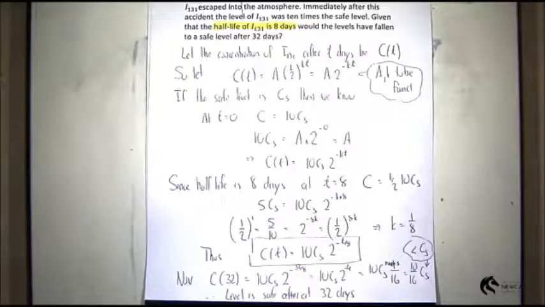My next job is to find k. And I'm told that when t is equal to 5,730, the amount is half of what we started with. So at t equal to 5,730, N is equal to a half of N naught.